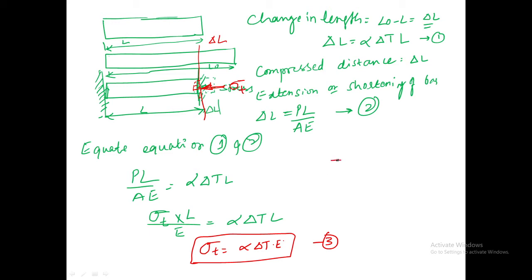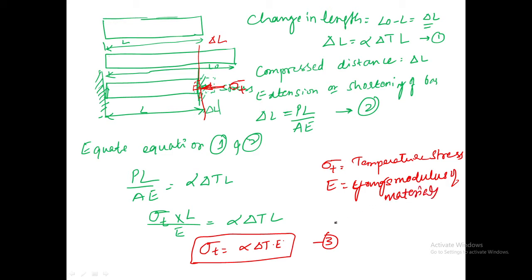Right. So you note down sigma T equal to what? That is the temperature stress. E is the Young's modulus of the material. Alpha is the coefficient of thermal expansion. Delta T is the rise in temperature.